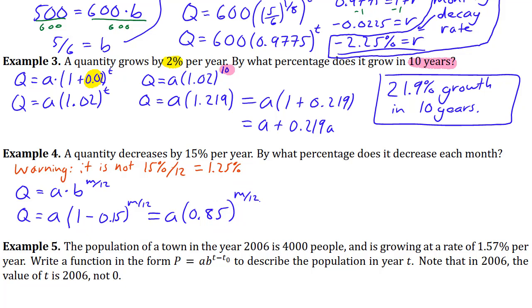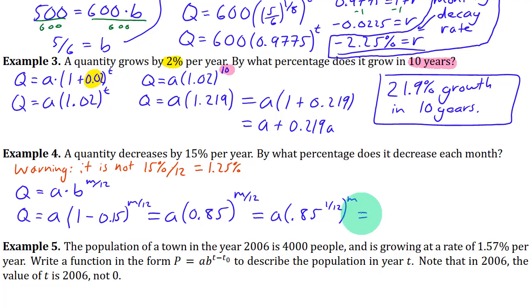Now, what percentage does it decrease each month? That means every time m goes up by 1. Well, I'm going to try to write this as 0.85 to the power 1/12, and then that to the power m, because again, you can multiply those exponents to get m over 12.